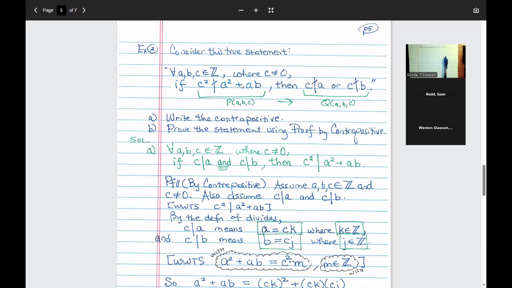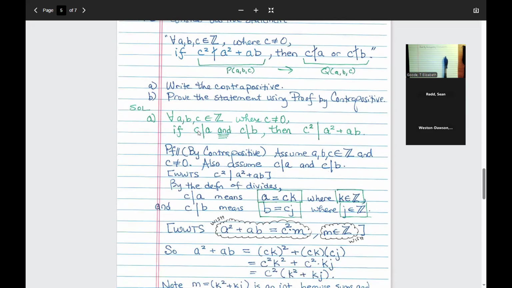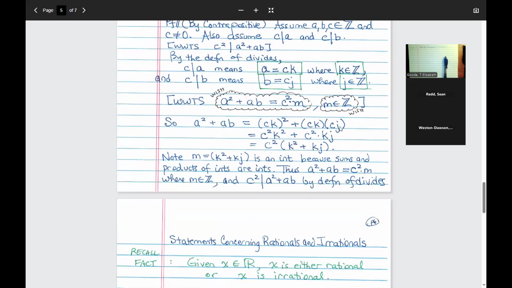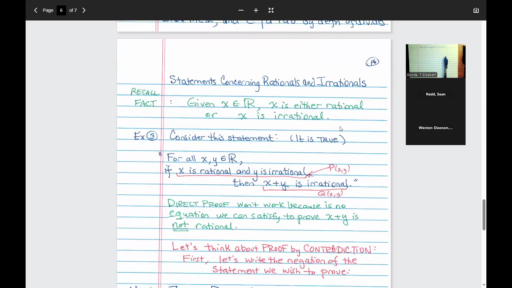We can't get any equations from c squared doesn't divide. But if we write the contrapositive, then this or statement, since we're negating an or, becomes an and, and we wind up having lots of hypotheses: that c divides a and c divides b. And then we get that c squared divides a squared plus b squared fairly easily using the definition of divides.